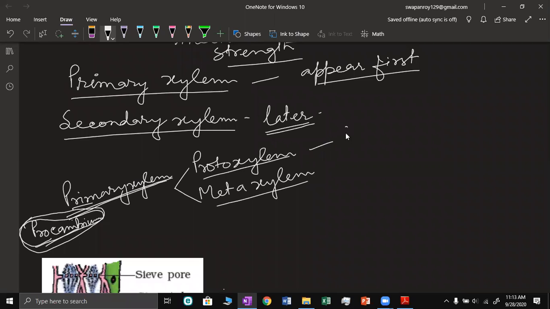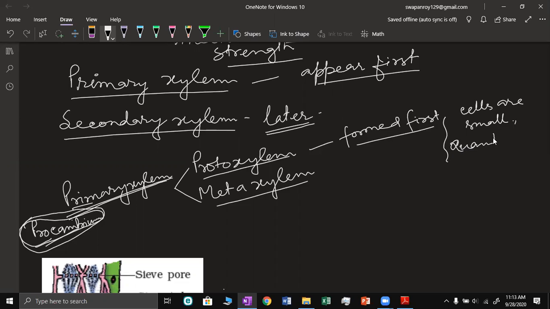Protoxylem is formed first, and naturally the component cells are small and their total quantity is less.